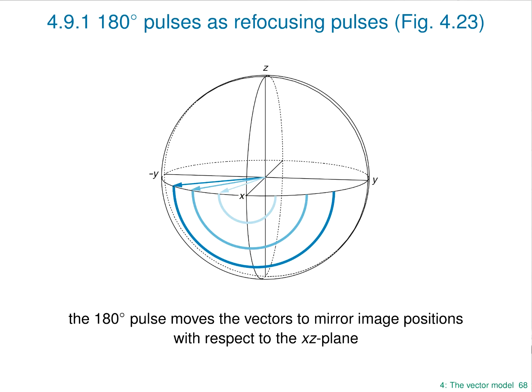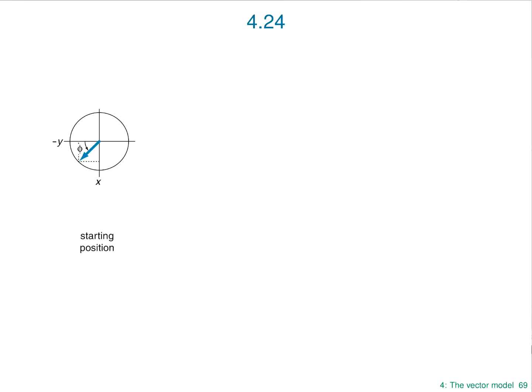Now let's see that in a slightly more formal way. So here we are again with the vector. This time we're just looking down the Z-axis. And I'm saying that it starts out on minus Y. And I've allowed it to evolve for a little bit to some arbitrary position, which I can describe by an angle phi. So it's just moved through an angle phi.